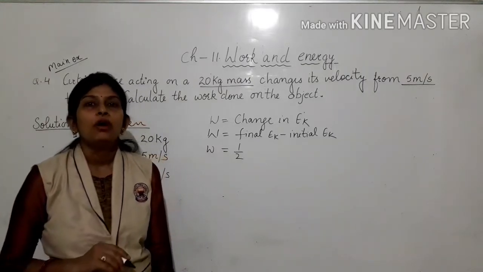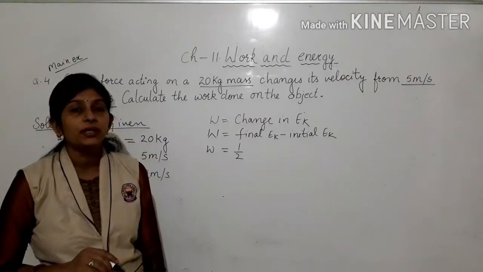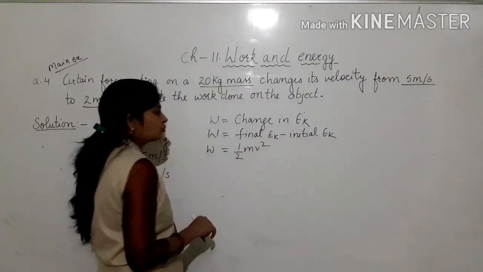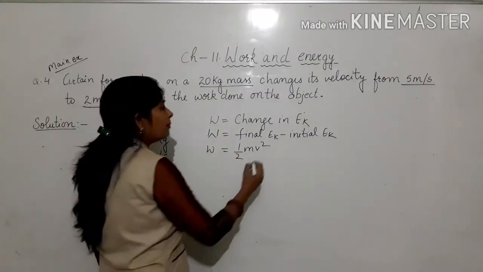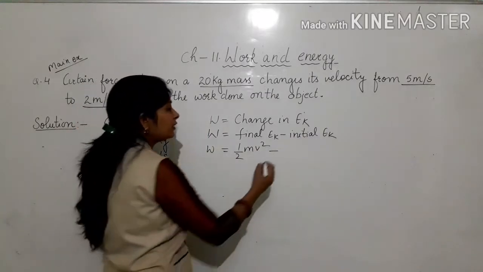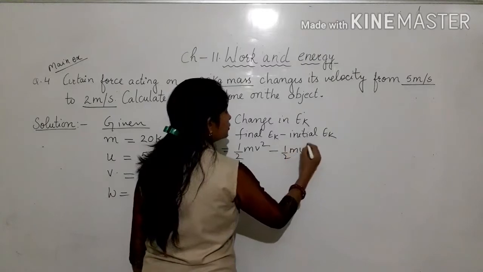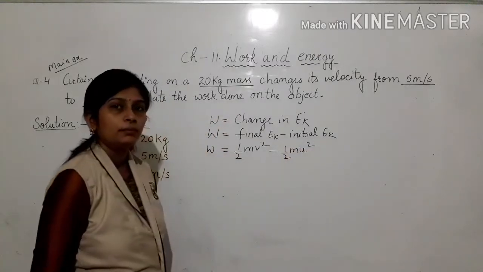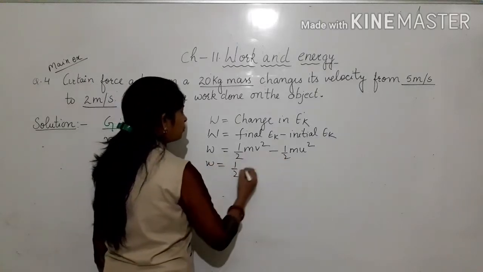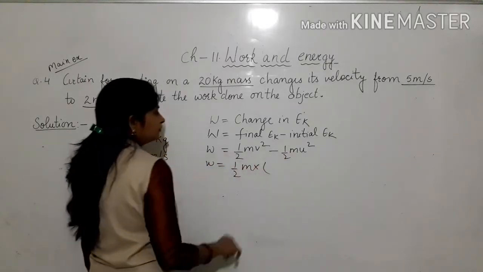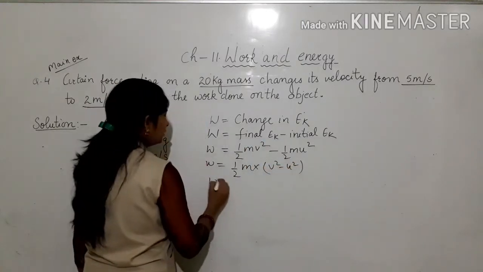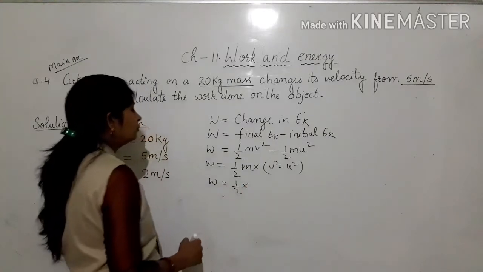So the final kinetic energy is half m v square, minus the initial kinetic energy, half m u square. Now take half m common, then v square minus u square will be in the bracket. W is equal to half into m.